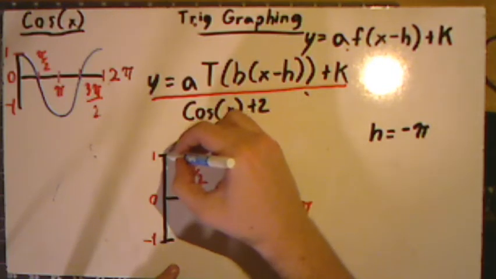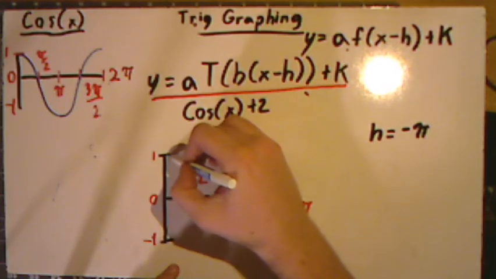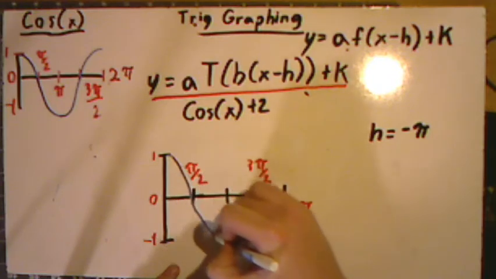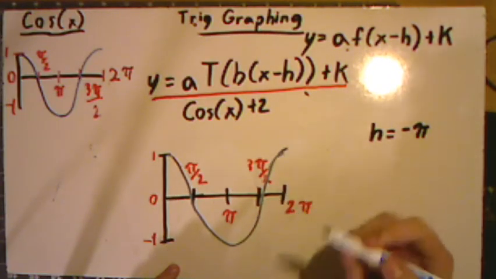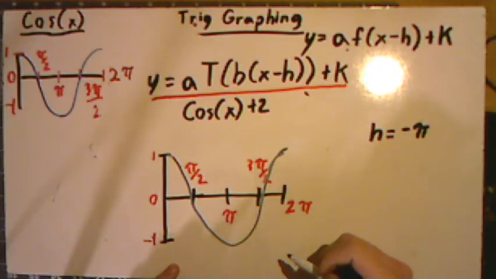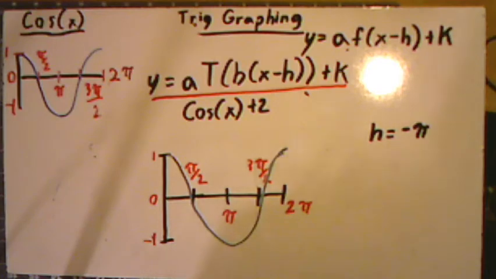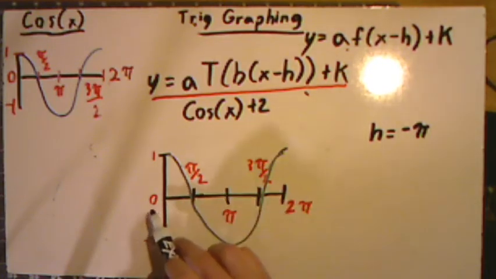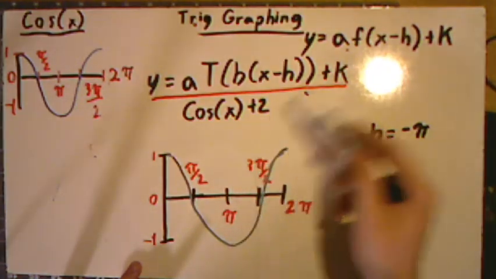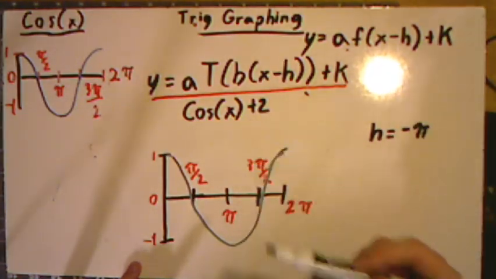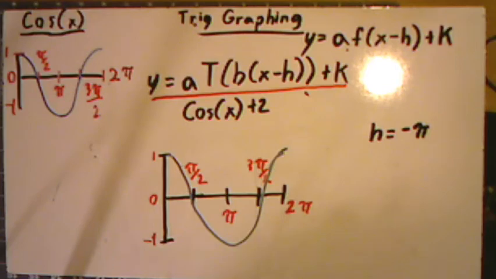So we start off by drawing out our original function, or as close as we can draw to it, and then we change the y value. So we take our midpoint, our 0 here, and we move it up 2, because for the k value, positive does mean up and negative does mean down.